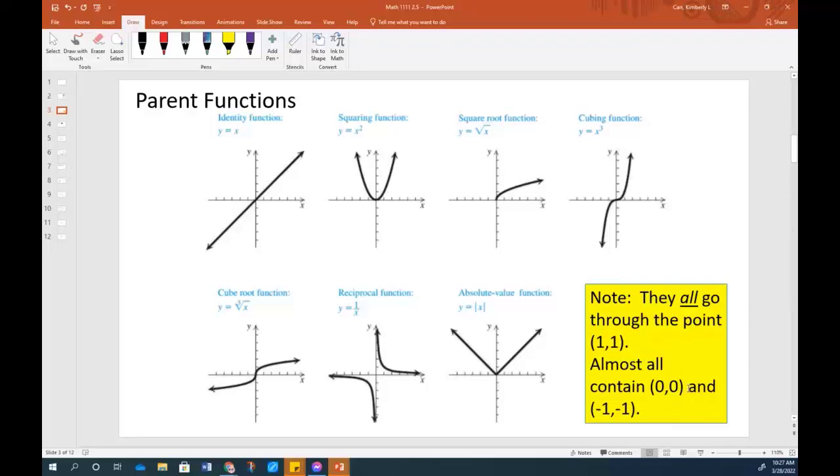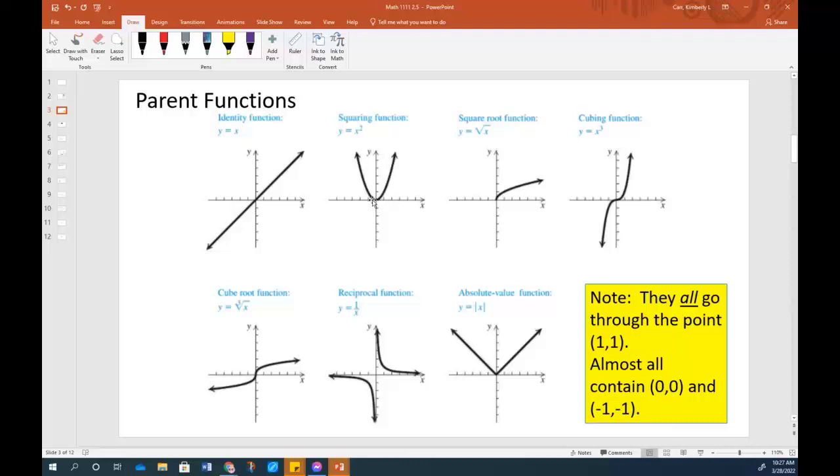Why wouldn't they? Because maybe 0 isn't in the domain. Like 1 over x, 1 over 0 is undefined, and you can see there's no point (0, 0) there. But almost all of them contain the point (0, 0) and (-1, -1). The ones that don't contain the point (-1, -1) are those that won't allow this negative for one reason or another.